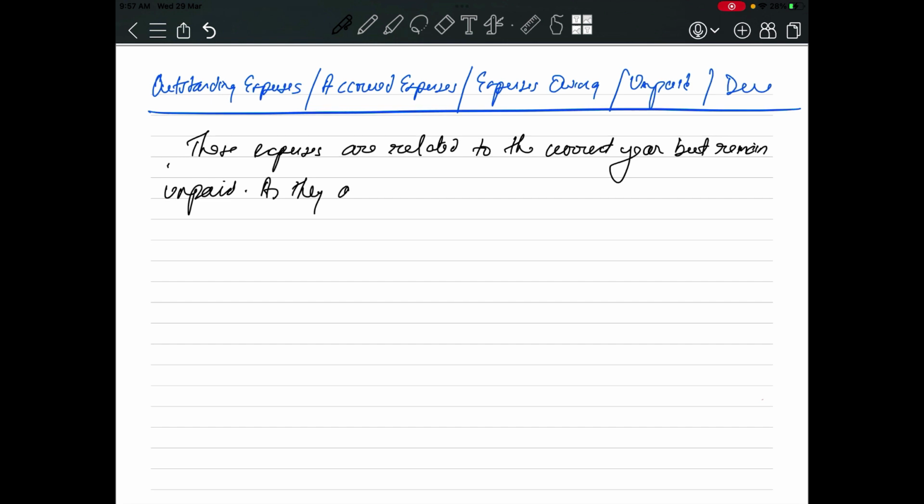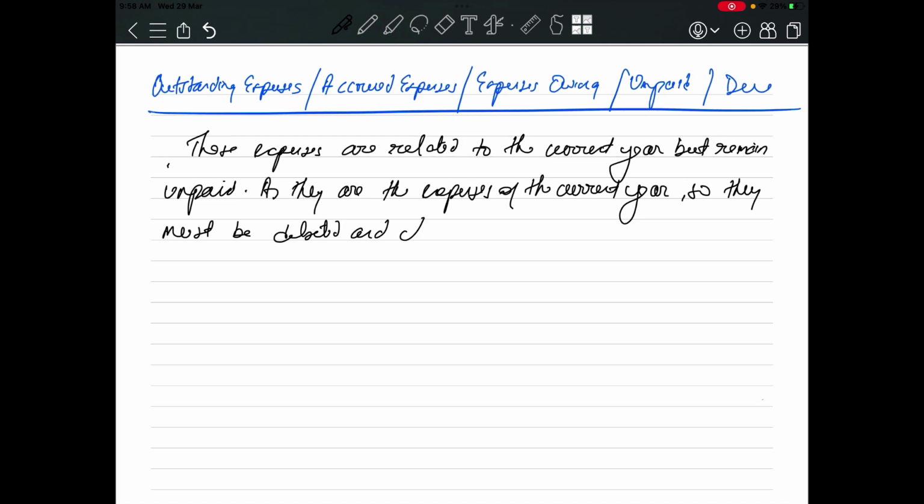As they are the expenses of the current year, they must be debited and charged to the profit and loss account of the current year.